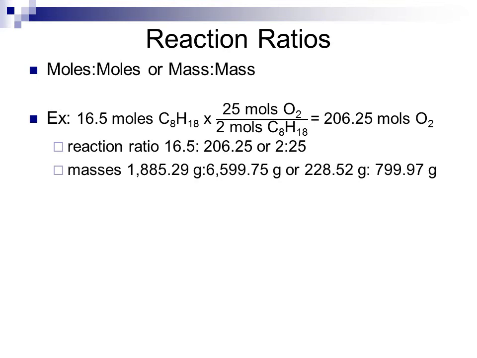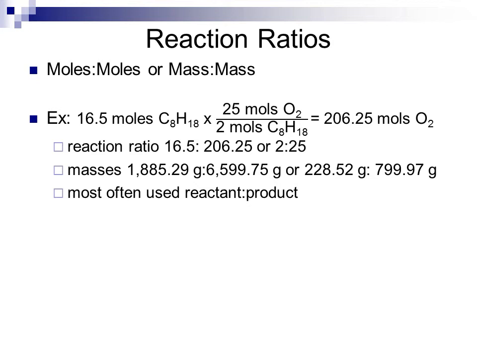In mass terms, 16.5 moles of octane weighs 1,885.29 grams. 206.25 moles of oxygen weighs 6,599.75 grams. So we have a ratio of 228.52 grams to 799.97 grams.